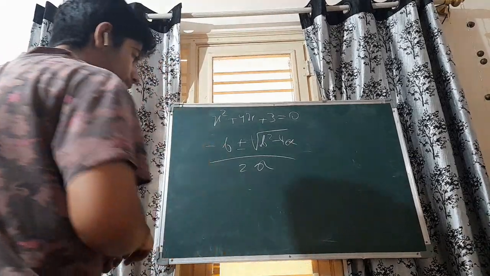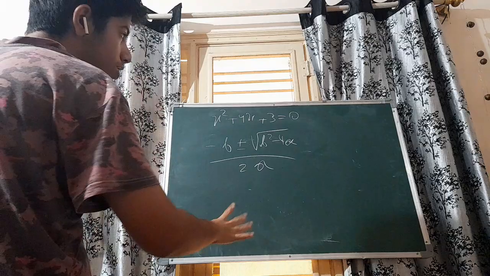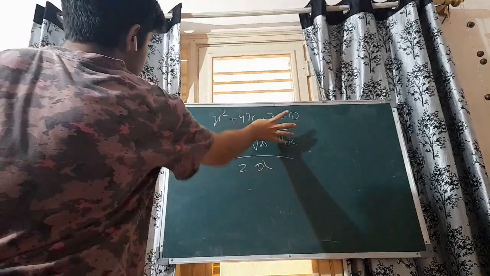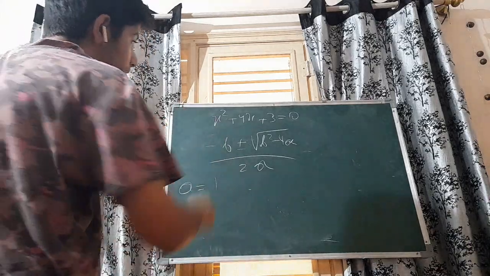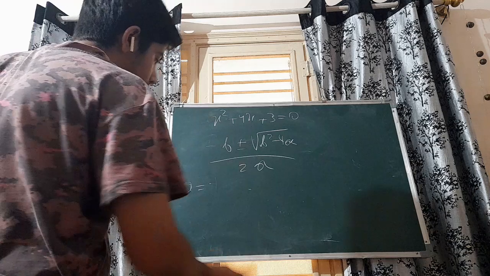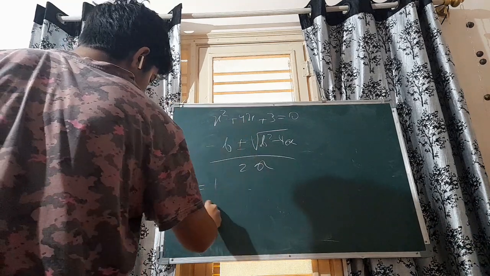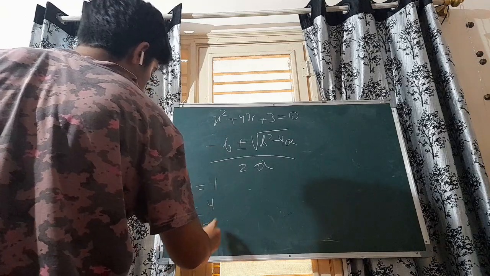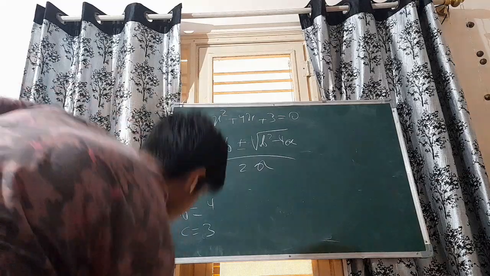Now, how will we get a, b, c over here? We just find the coefficients in the equation x square plus 4x plus 3 equals 0. A would be 1 because x square doesn't have anything in front of it. If it was a negative x square, it would be negative 1, but it's just positive x square. So a is 1, b is 4, and c is positive 3. Now we can work out the formula.